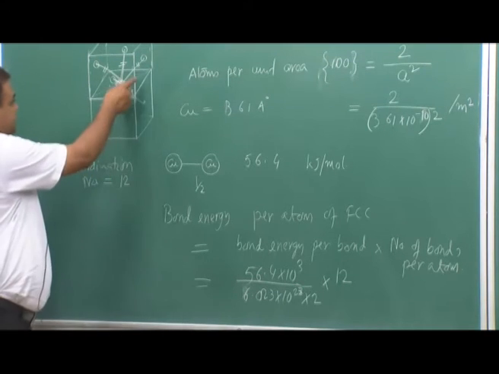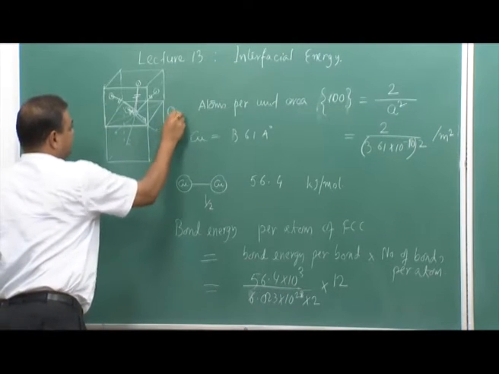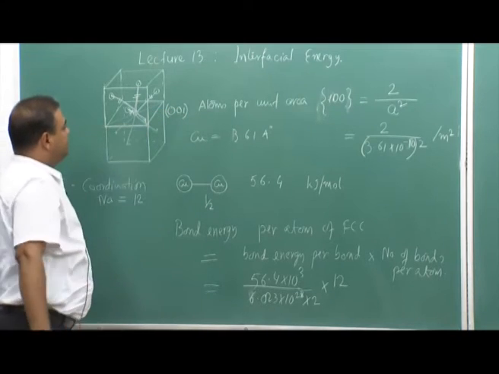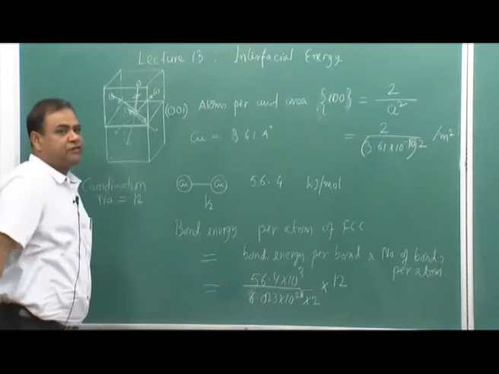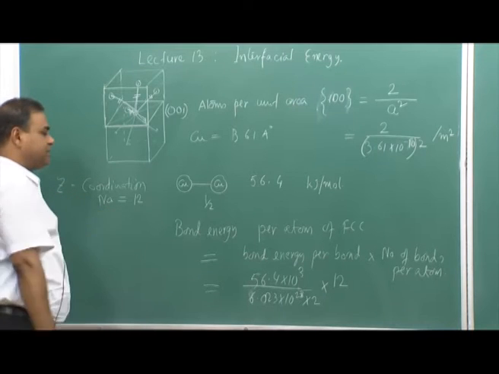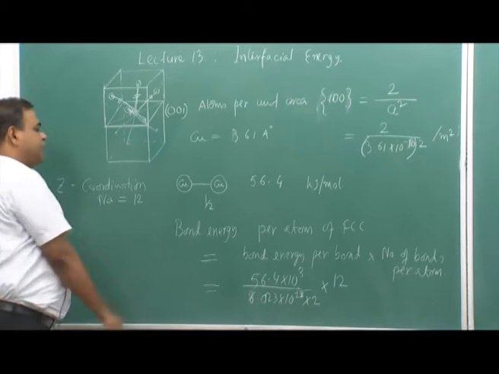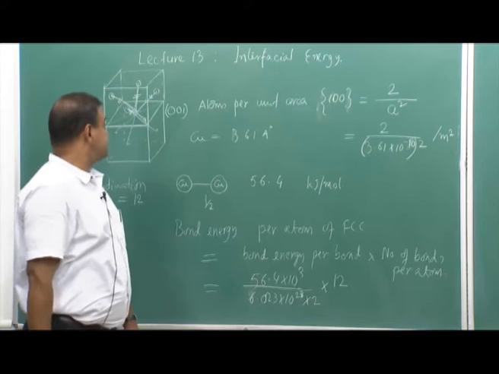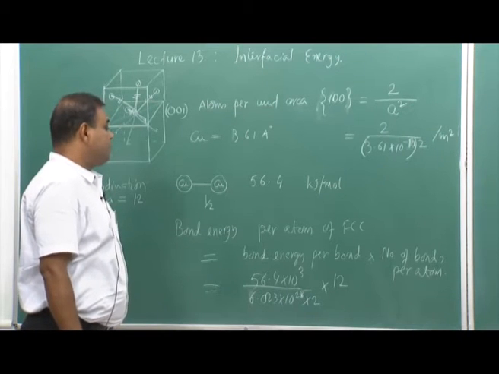Now, if we come back to this particular plane, which is the 001 plane, we see that 4 out of 12 bonds are broken, because 12 is the coordination number. So, one atom would have 12 bonds, and out of 12 bonds, 4 bonds are broken.